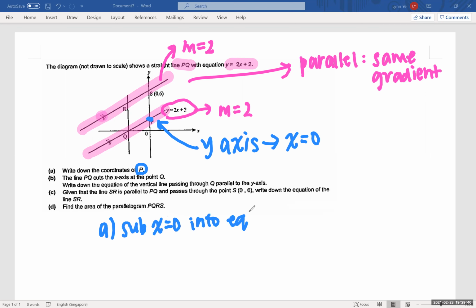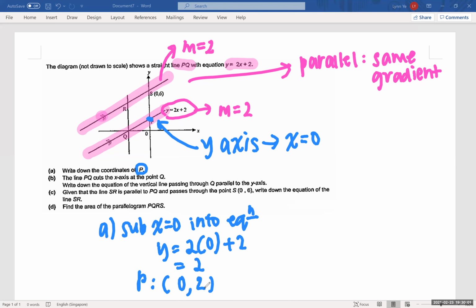So y is equal to 2(0) plus 2, which is just 2. And because they want coordinates, you need to have something comma something, which is (0, 2).